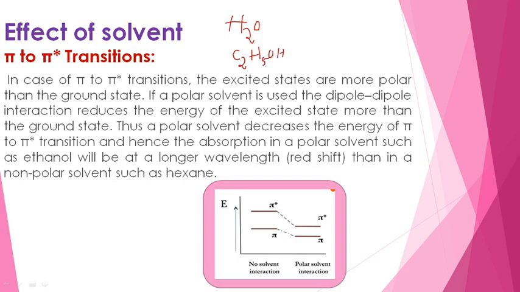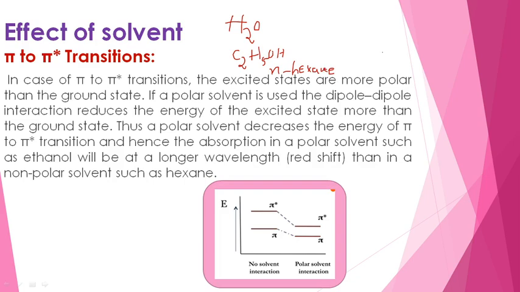These are the most commonly used solvents because they are transparent towards the UV region. They will not give absorption spectra of their own, so that's why they are selected as solvents for UV visible spectroscopy.